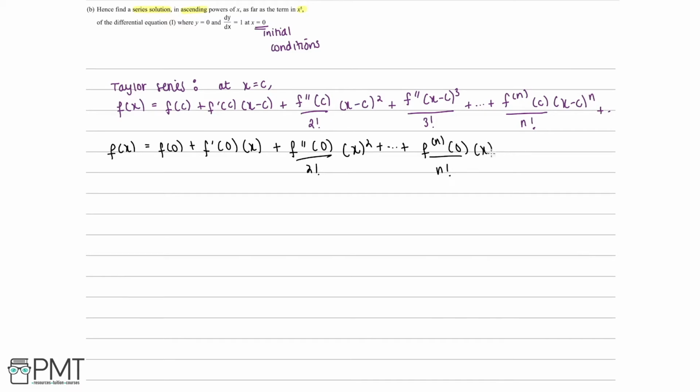Well, x minus c will just be x, so it will be x to the power of n, all the way to infinity. Now, we only want the series solution as far as the term x to the power of 5, so at most we want our n to be 5.